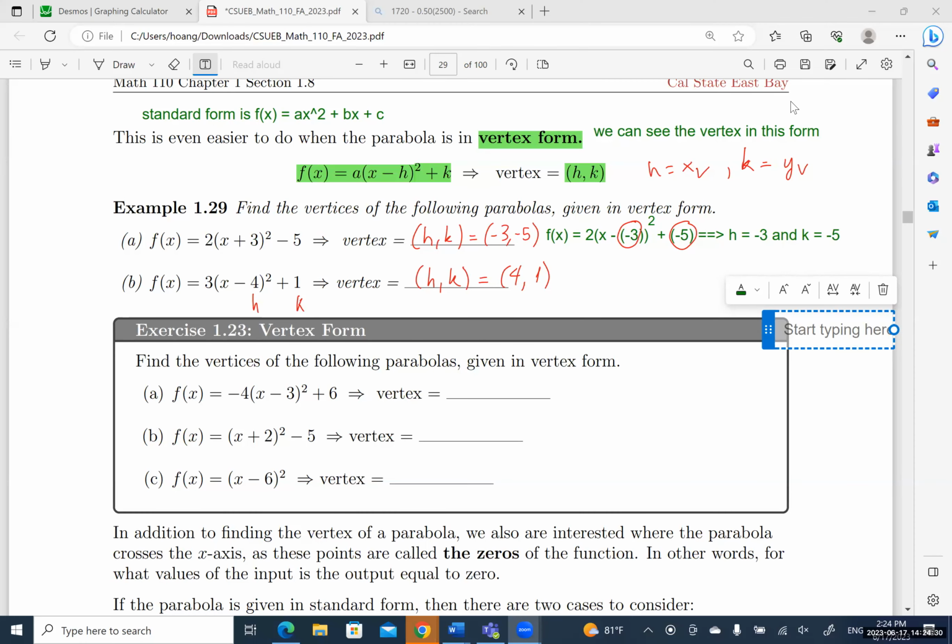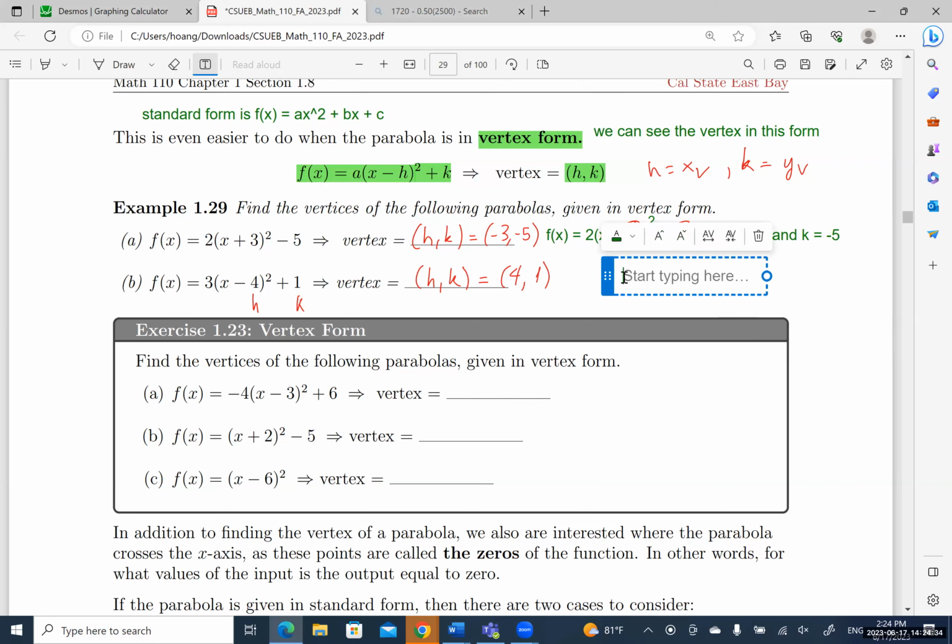So according to this rule, note that if we have something like x plus a constant in the square group here, then this constant you can just flip the sign, and that's gonna be h, right?